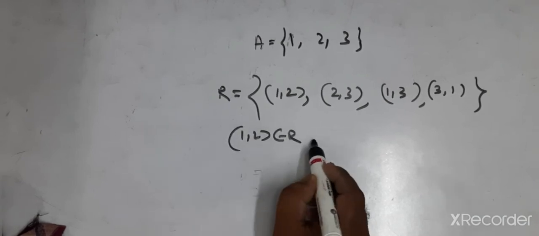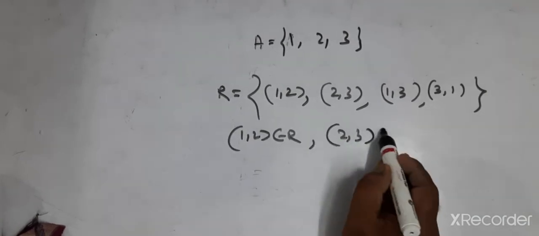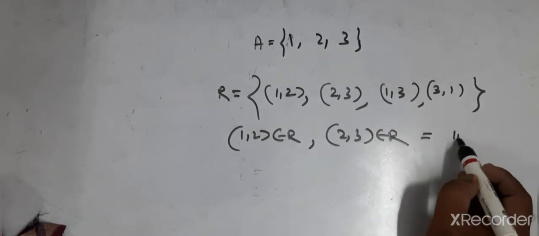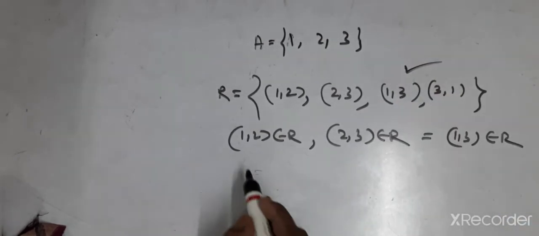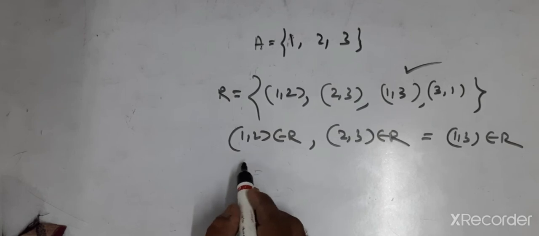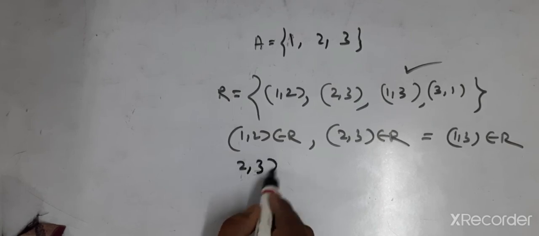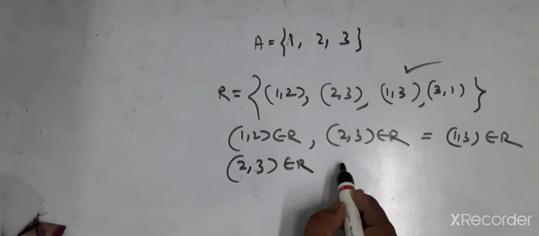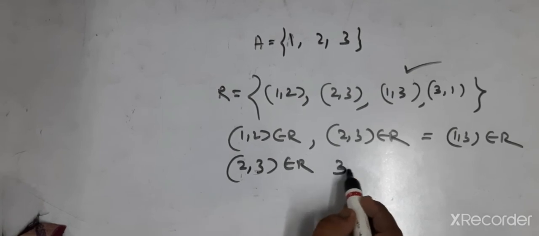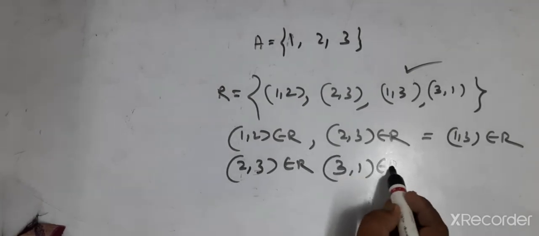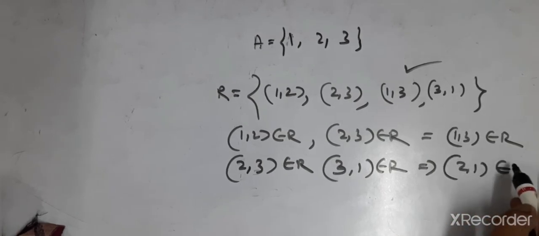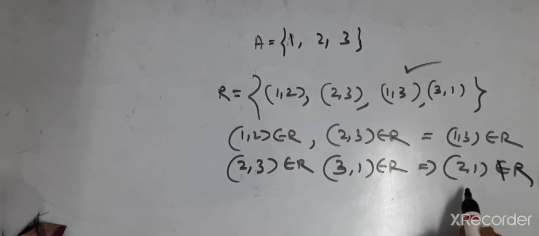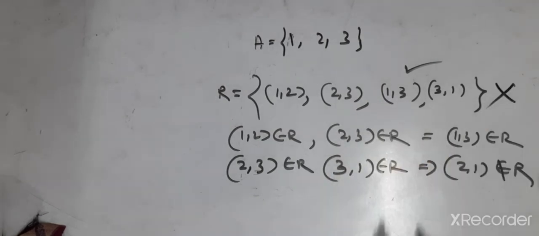Is there any pair starting with 2? Yes, (2, 3). This implies (1, 3). Yes, that is present here. Next you take (2, 3). Is there any element starting with 3? Yes, that is (3, 1). Then this implies (2, 1). Does (2, 1) belong to R? No, there is no (2, 1). So it is not transitive.